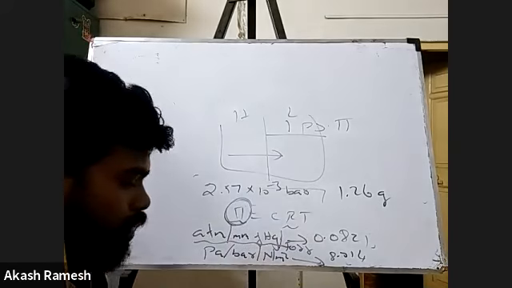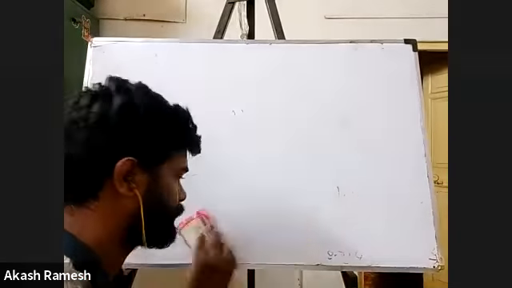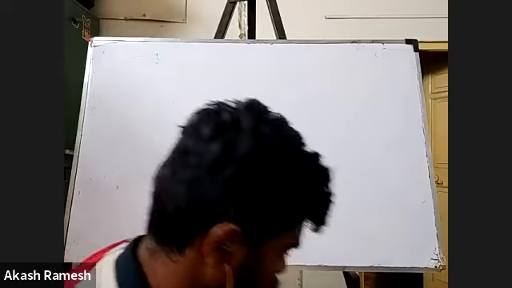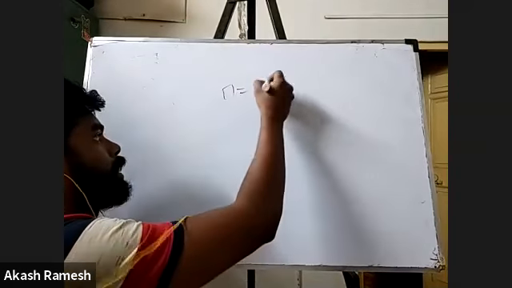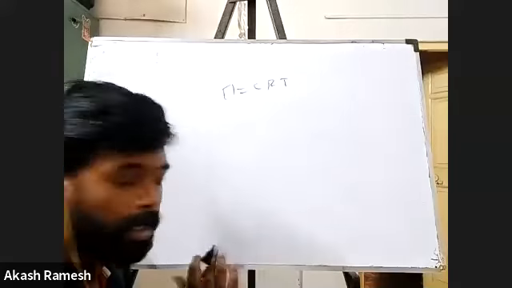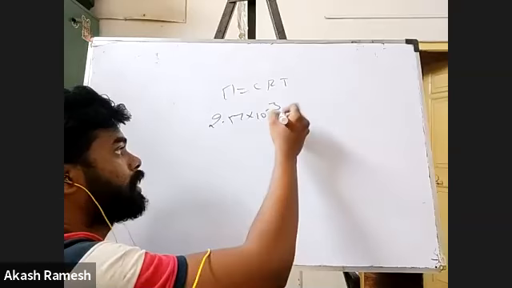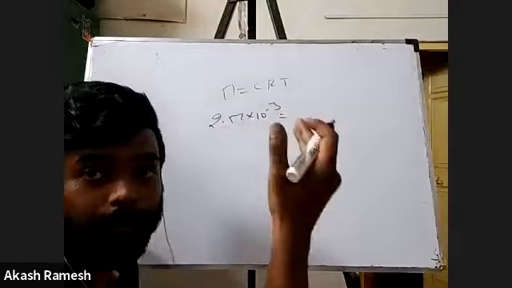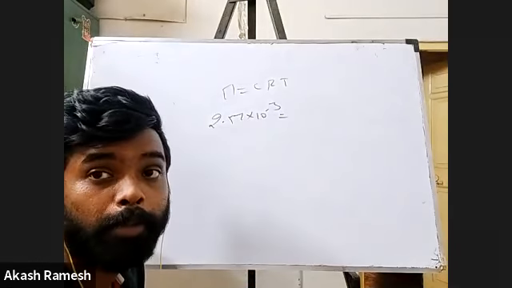Fine. Let us solve this. It's just one equation which I have to substitute. This is the equation: phi is equal to C into R into T. Phi value is given as 2.57 into 10 to the power minus 3. Concentration is molarity, so molarity is number of moles of solute divided by volume of solution.